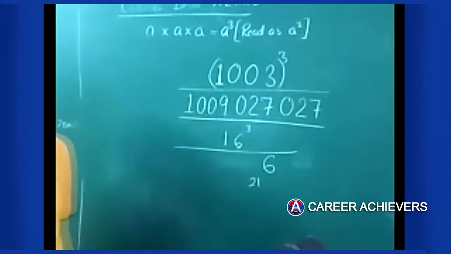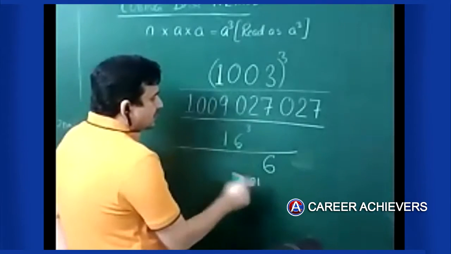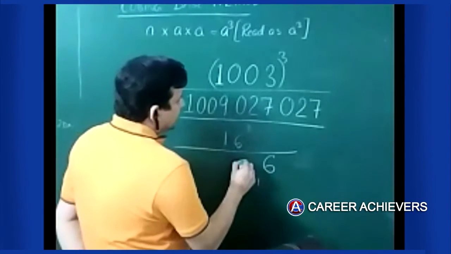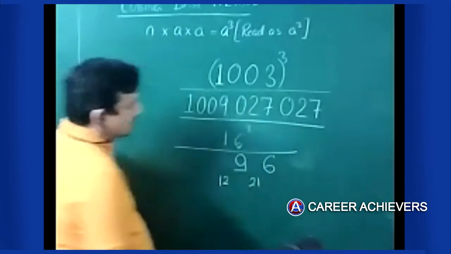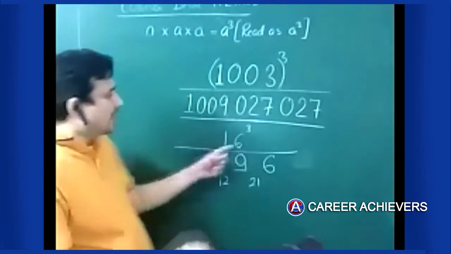The next step is 3d square. d square is 36. And 36 into 3 is 108. Now 108 plus 21 carry makes it 129. I write 9 and 12 will go as carry. The third step is number plus 2d.